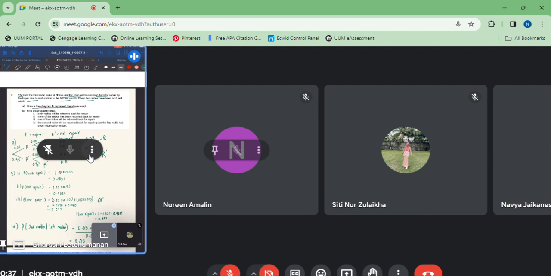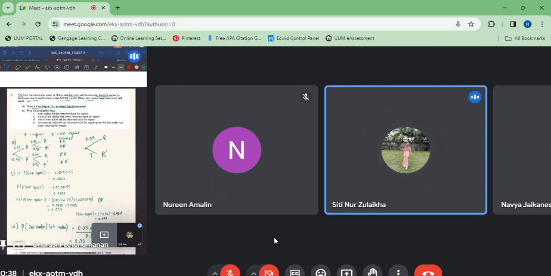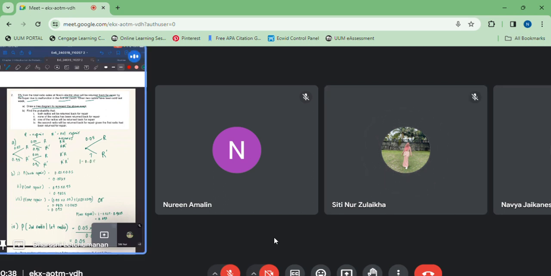Can anyone tell me how to find this? Minus 1. Yes, correct. So you do 1 minus 0.05, so you can see we applied the complement concept here. You'll get 0.95. And you draw again because this is the first radio, and this one is the second radio.